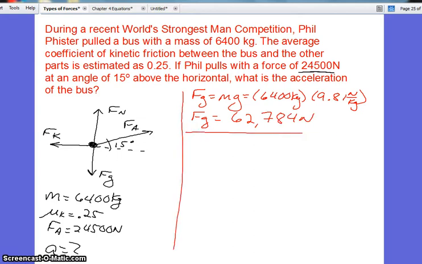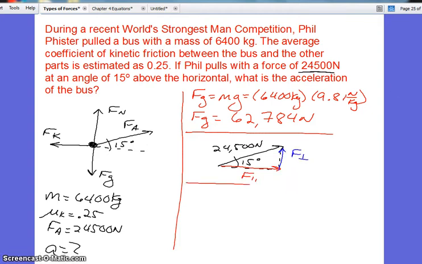The next step is we have this applied force at an angle. So I'm going to redraw this over here. 24,500 at a 15-degree angle. We're going to solve for its parallel and perpendicular components. Let's solve for that parallel component first.